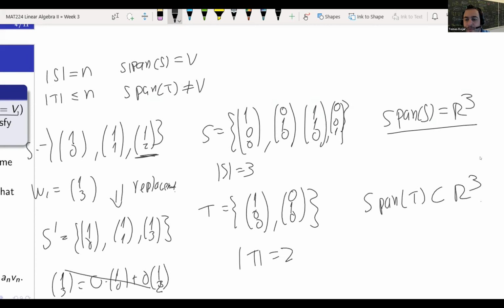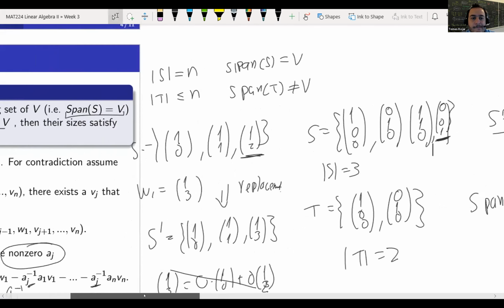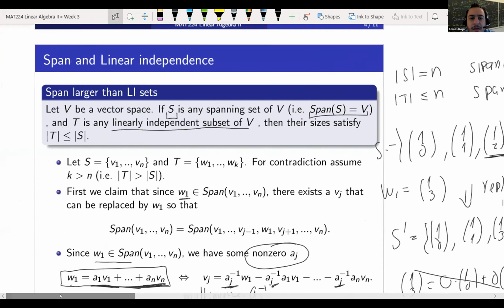In order for me to get the full space, I needed to add one more vector. So that's the situation we have. You might have an independent set, but it's not the full thing. Any questions?